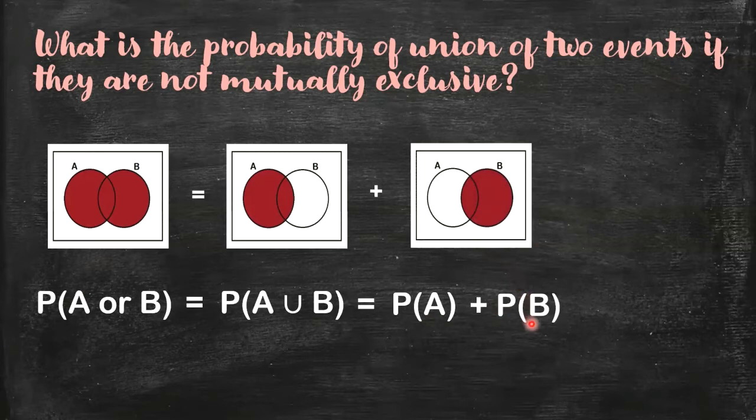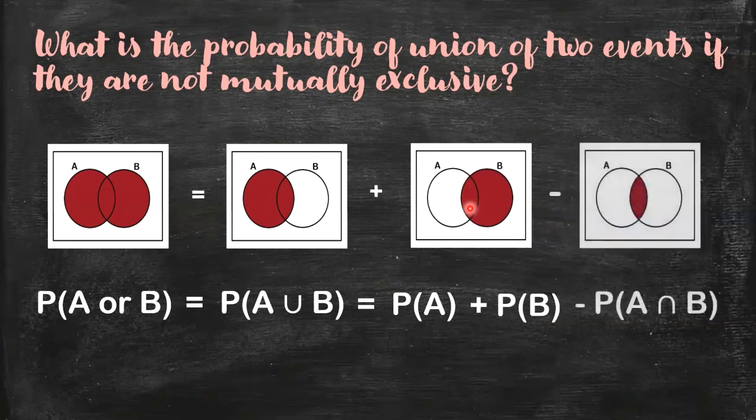Ito yun. Now, if you check, tingnan nyo sa A, na-count na yung intersection, right? And then dito sa B, na-count ulit yung intersection. So, para matanggal yung double counting, we subtract this portion. That's why we have this minus the probability of A intersection B. Actually, this is the general formula to get the probability of A union B. What do I mean by that?